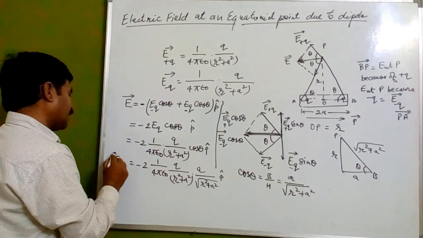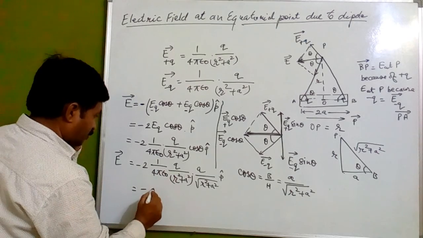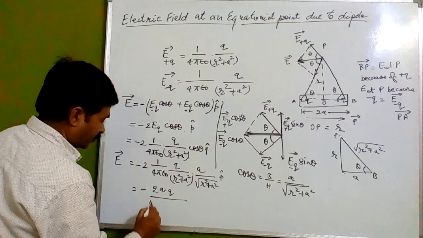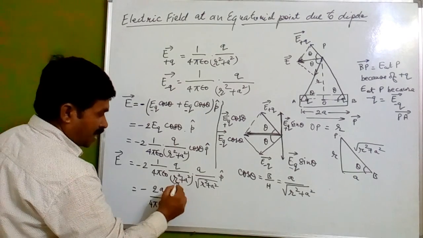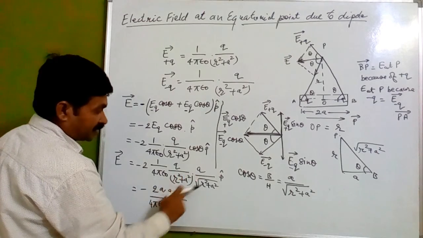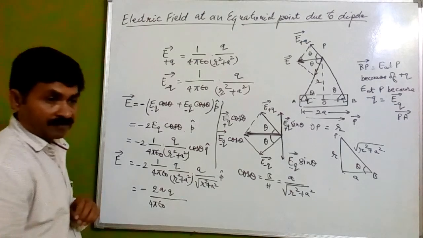So here what we are getting is minus 2 times a q upon 4 pi epsilon naught, with r square plus a square to the power 1 in the denominator, and another factor of r square plus a square whole to the power 1 by 2.